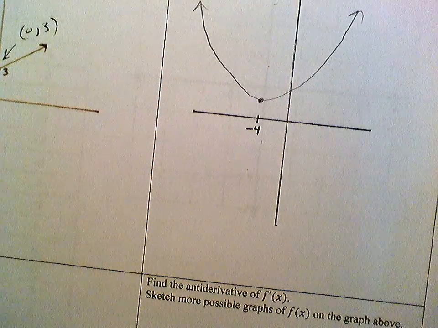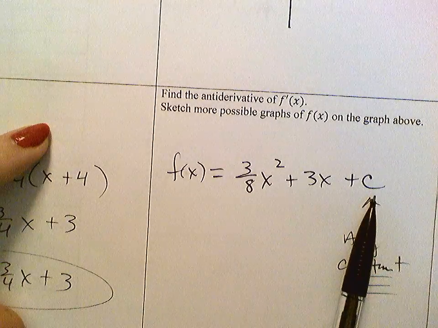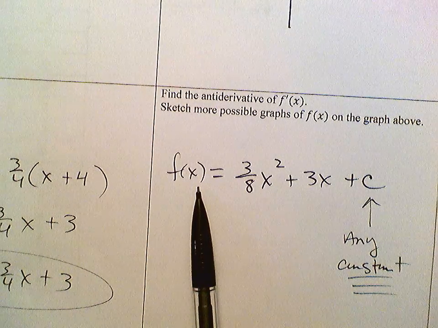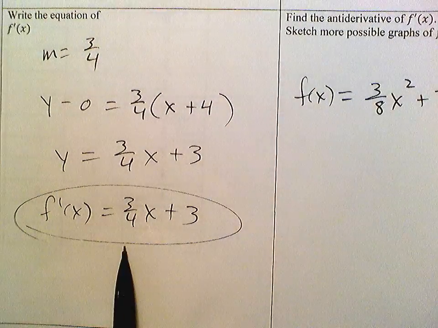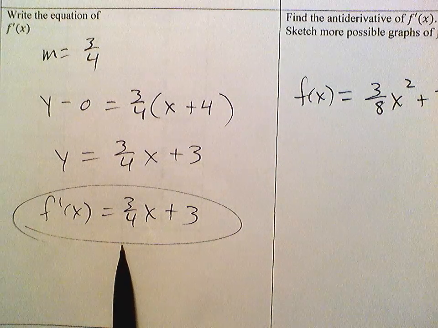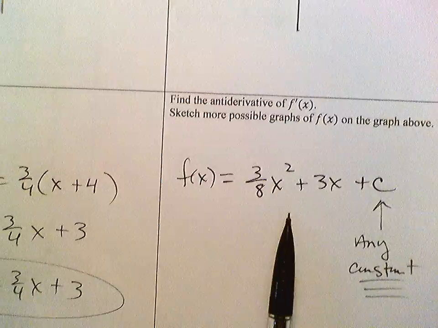So what we're going to do now is graph a bunch of different ones. Now, what all of these graphs have in common, though, is they all have the same derivative, all right? And what is another name for derivative? Instantaneous rate of change. What's another name? Slope of the tangent line. So they all have the same slope.